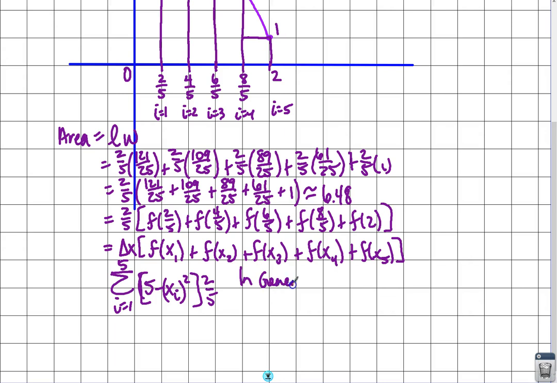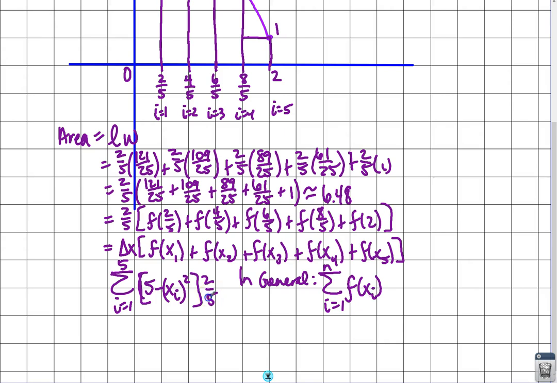In general, I always start with i equals 1. This 5 was the number of rectangles that I wanted, which was n. We wrote that down earlier. This is my function, so f of x sub i. And I write x sub i because I want to evaluate at the first x value, the second x value, all the way up to however many x values that I want.